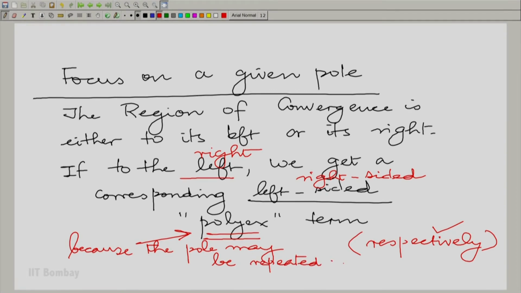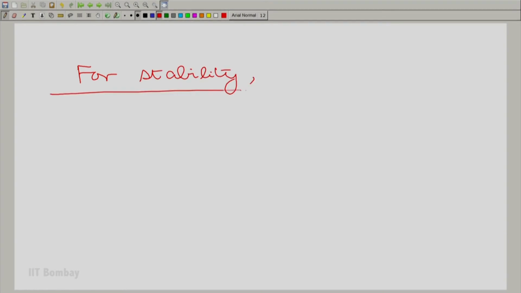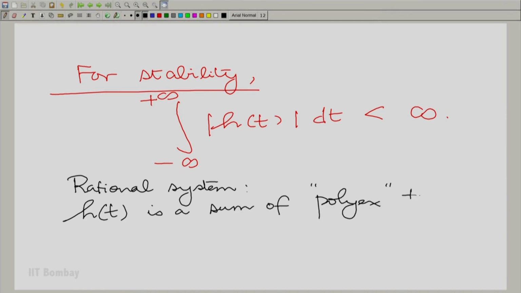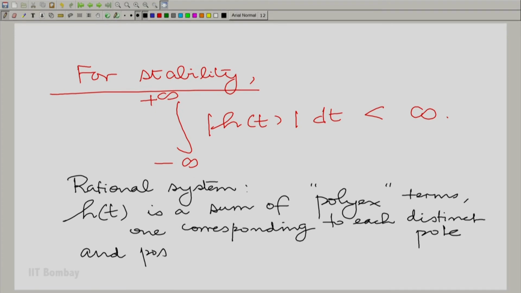Now, let us determine the role of any one pole in stability or instability. For stability, we want this to hold. Now, in a rational system, H(s) is going to be a sum of poly X terms, one corresponding to each distinct pole, and possibly what are called singularity functions or generalized functions.